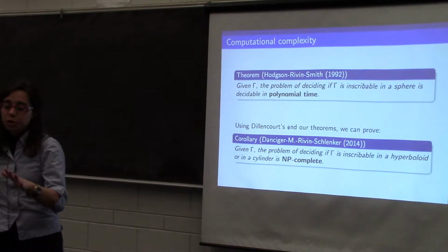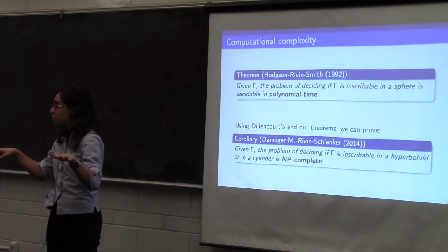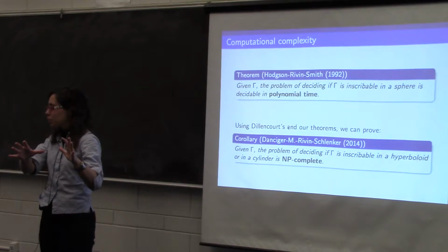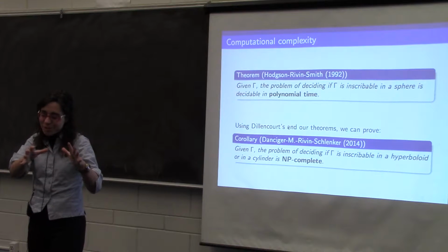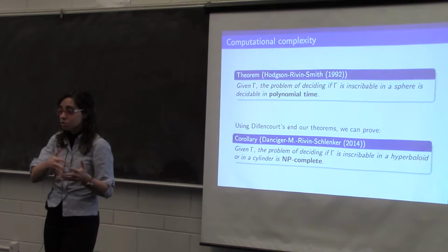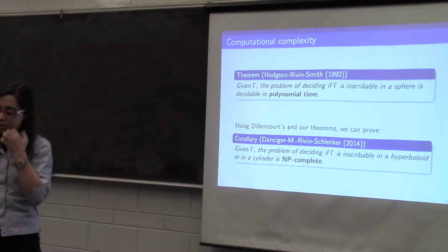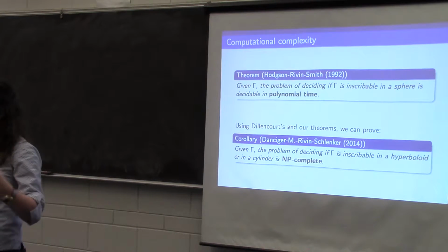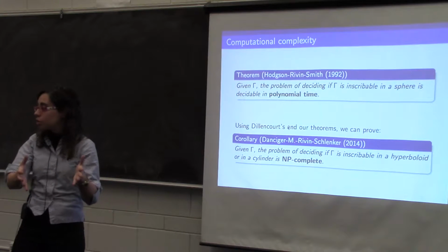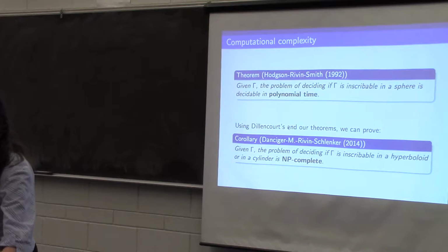So what I'm going to do now is introduce the geometry that we use. I will start with the hyperbolic geometry that I'm sure you know, but I'll tell you how I think about it in this context, with the projective model. And then I will introduce the two new geometries. And then I will state precisely Igor Rivin's theorem, our theorem, and I will give you an idea of the proofs.